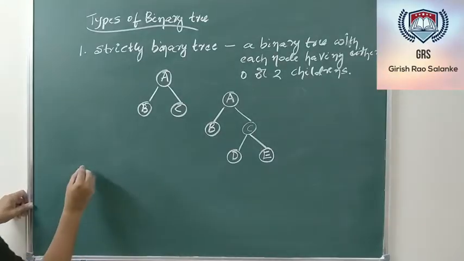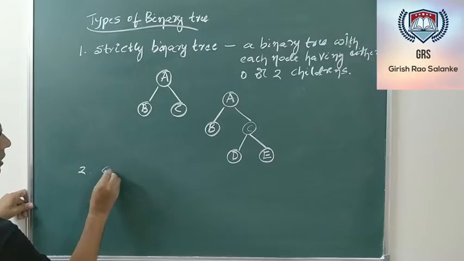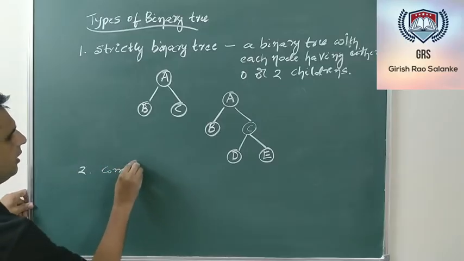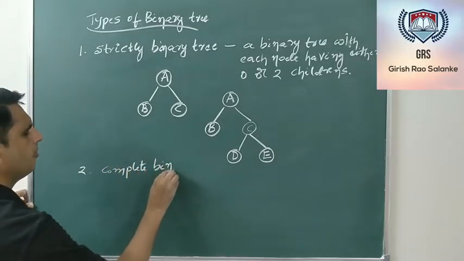Now moving on to the second type of tree, we call it a complete binary tree.